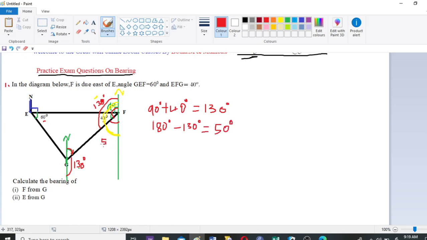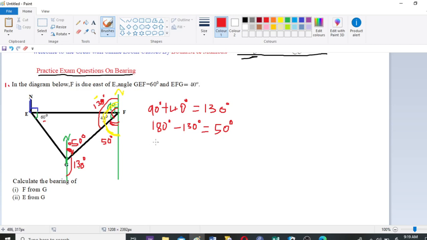So this angle here is 50 degrees. Now remember the properties we said, this angle here and this angle are alternate interior angles. So since they are alternate interior angles, this bearing here is also 50. Now because it's a bearing, we'll add a 0 in front.